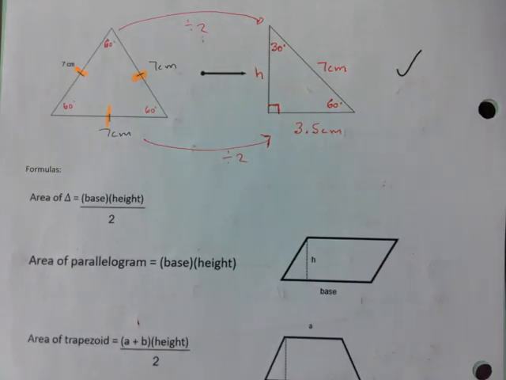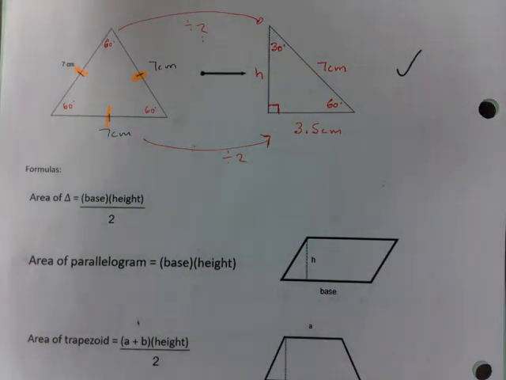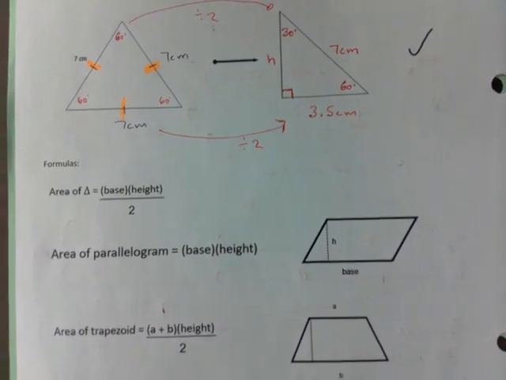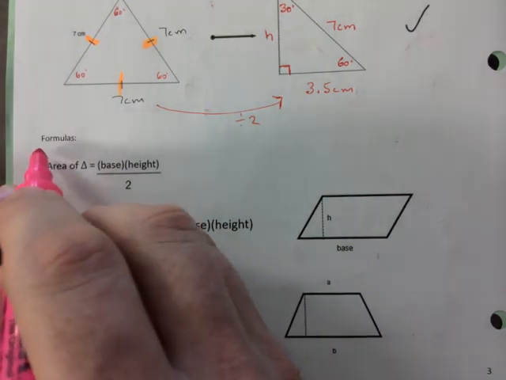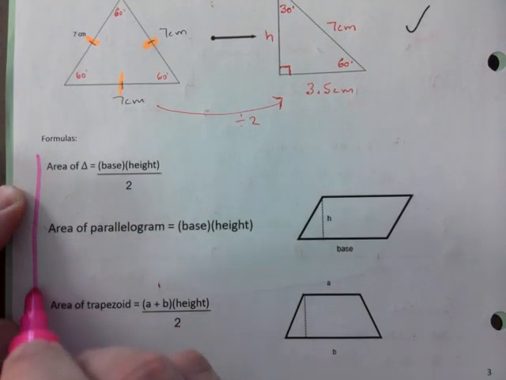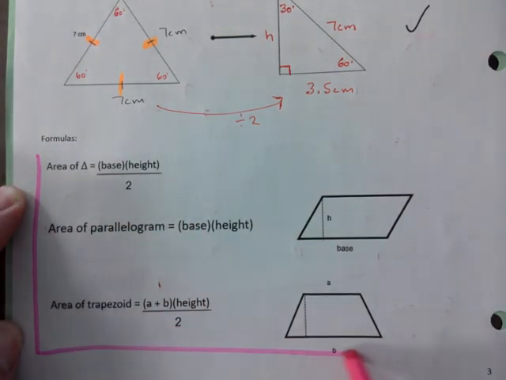Yeah, go ahead. One more thing. These formulas here are not on any formula sheet or anything else, so they do show up. So I would encourage you to add that to your study sheet.